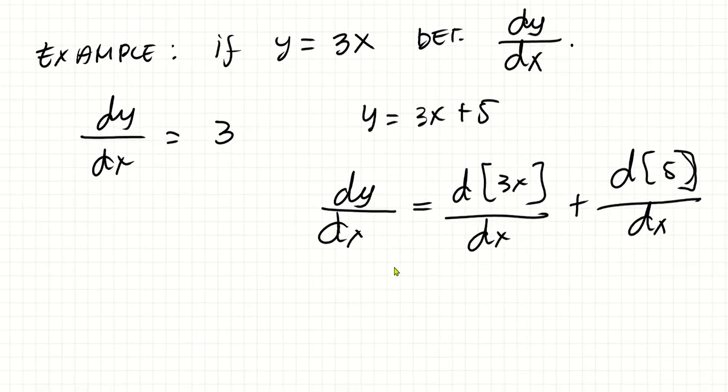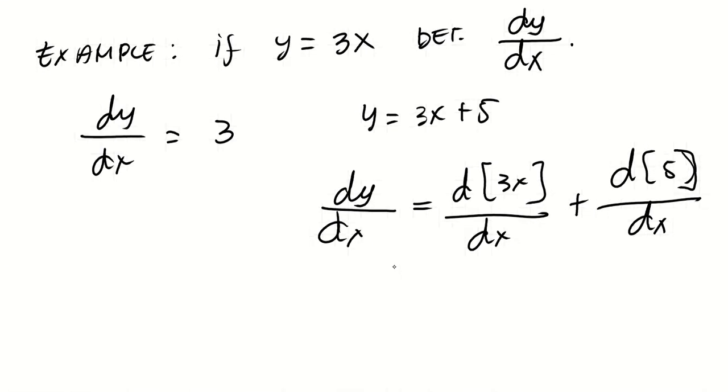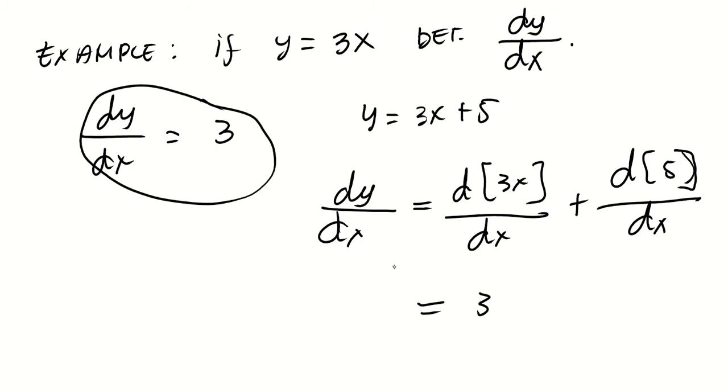We know that the derivative of 3x is 3 from here. And we also know that the derivative of 5 is 0 because 5 is just a constant function, so plus 0. So we can conclude that the derivative of y equals 3x and the derivative of y equals 3x plus 5 are the same, equal to 3, because the derivative of a constant is 0.